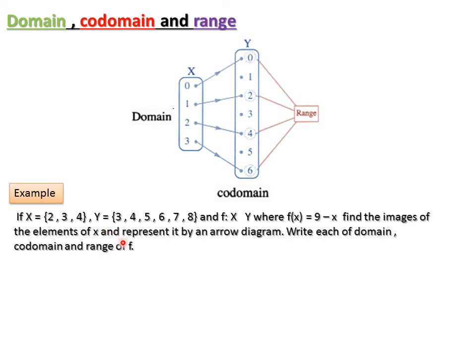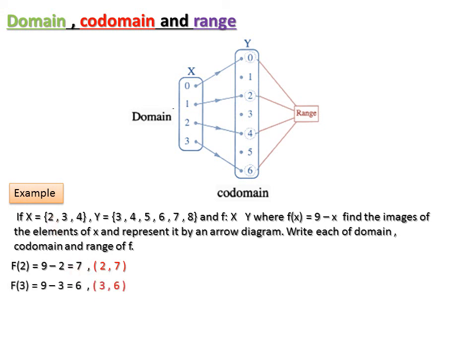So we will replace x by the elements of it. First of all, f of 2: we will replace x by 2. So 9 minus 2 equals 7. We can form the ordered pair (2, 7).